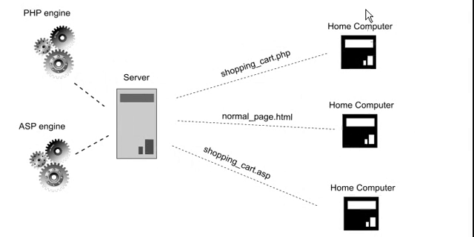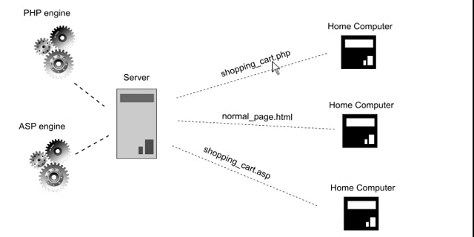When the client computer, it's a client of the server, right, makes a request for a particular page, the server has to figure out what kind of page the client is requesting.